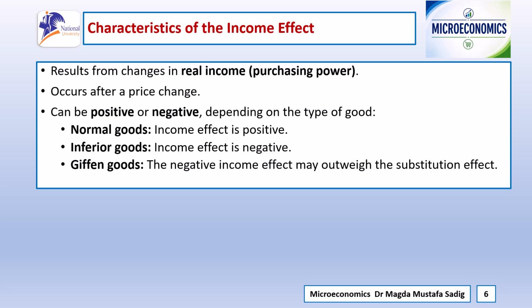For these goods, the negative income effect is so strong that it outweighs the substitution effect. As a result, people actually buy less when the price falls. This seems unusual, but it can occur under very special conditions involving essential goods consumed by very low-income households.